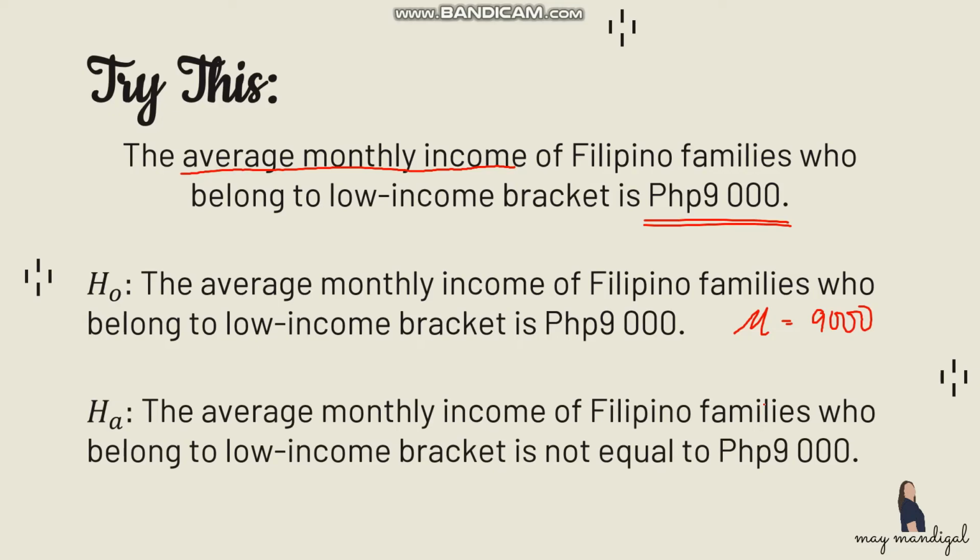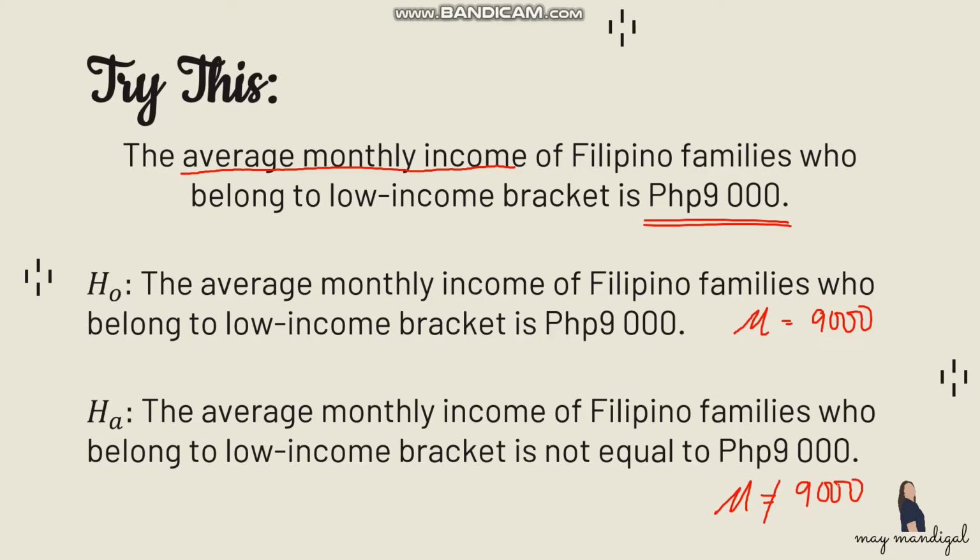Or you can just remove equal and say is not 9,000 pesos. The two are the same. In symbols, we write this as the mean or average monthly income is not equal to 9,000 pesos. So this is how we write our null hypothesis and alternative hypothesis.